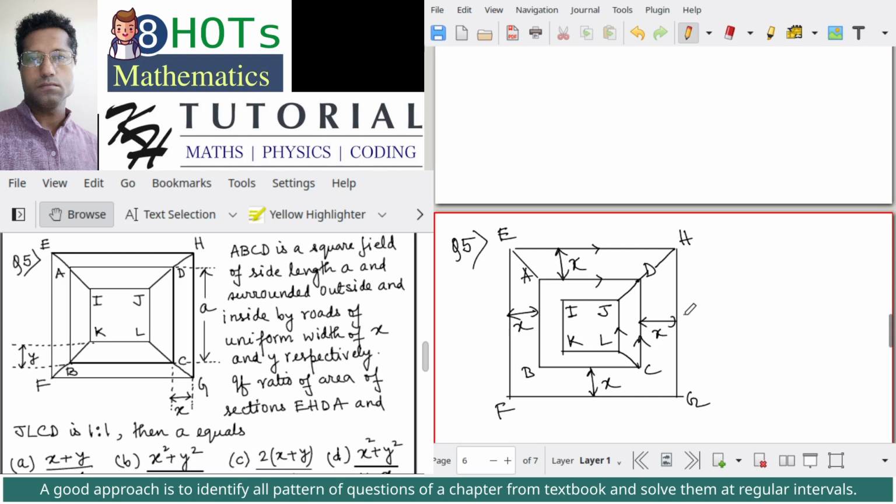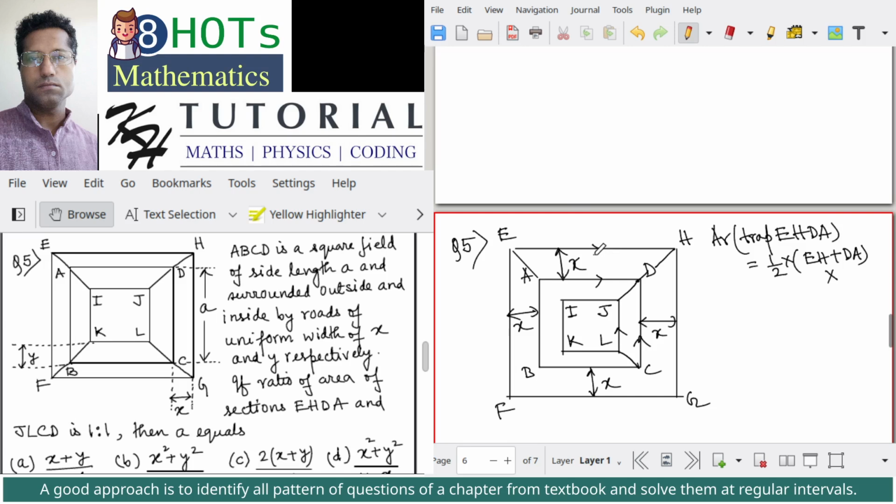So basically we first have to find the area of the two trapezia. The area of trapezium EHDA will be equal to half multiplied by the sum of the parallel sides, that is EH plus DA, multiplied by the height.